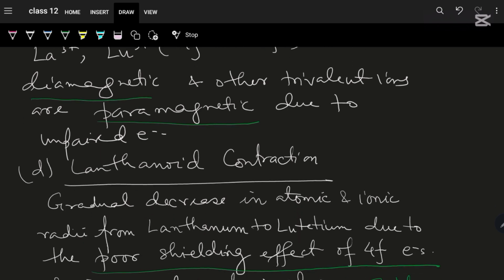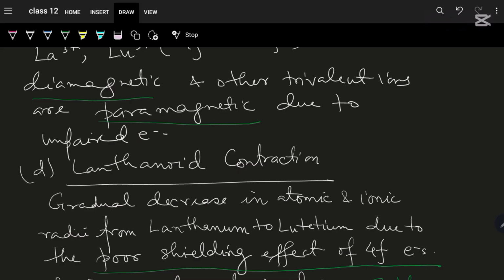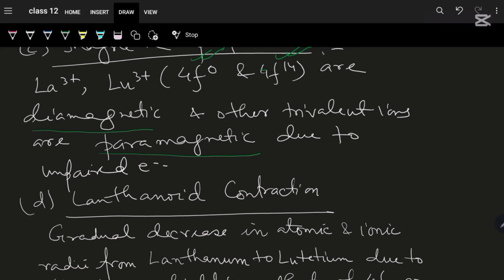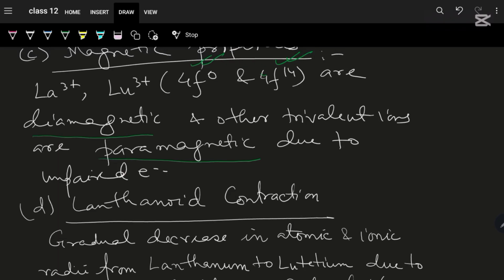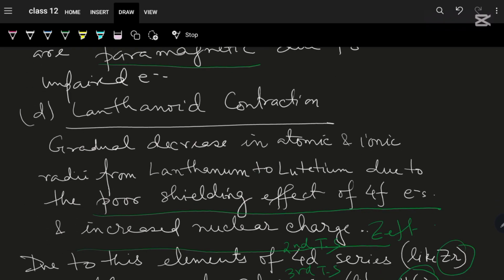Now, if you have to explain in terms of paramagnetic or diamagnetic, it is better to give the electronic configuration. It is better to show the unpaired electron and hence say it is paramagnetic. If you are unable to write the electronic configuration, at least mention that due to the presence of unpaired electrons, it is paramagnetic in nature.